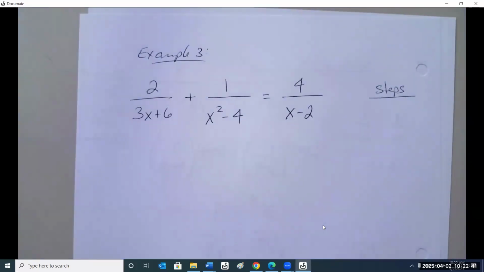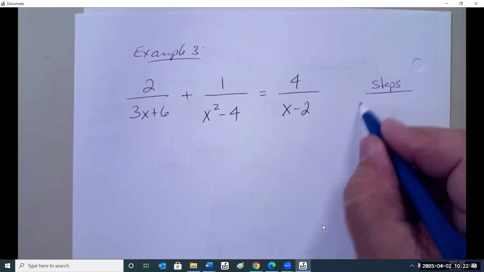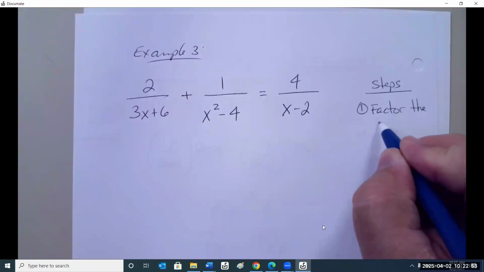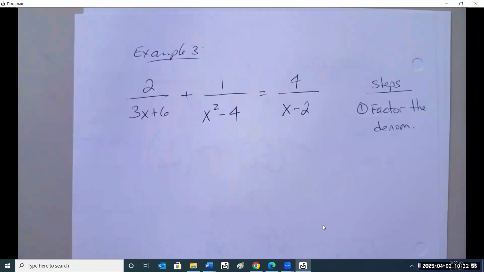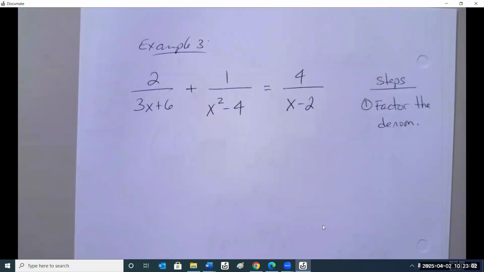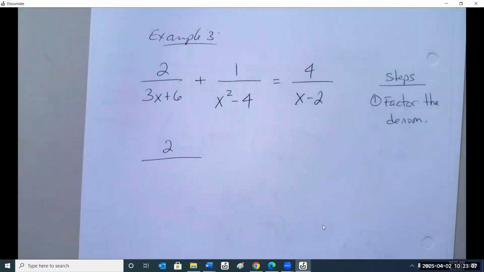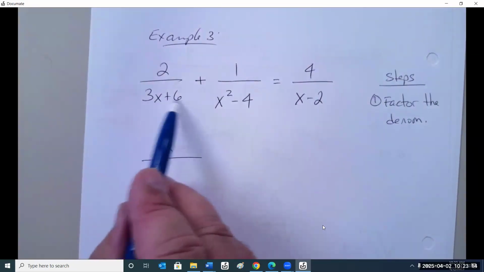Here, in this case, the first thing you should always do is factor the denominators. We need to see what we have to be able to find the least common denominator. So in this first one, what can we factor out? What do they both have in common?